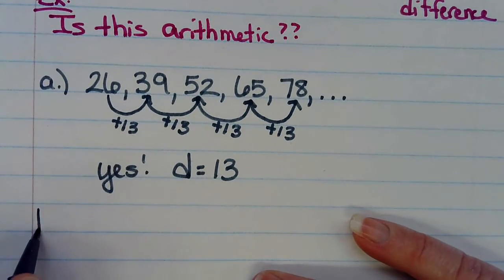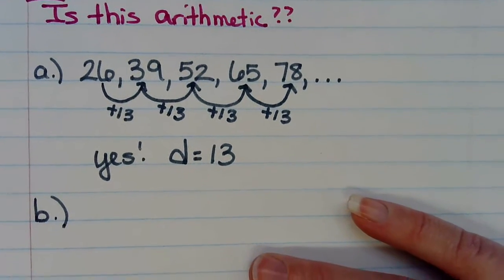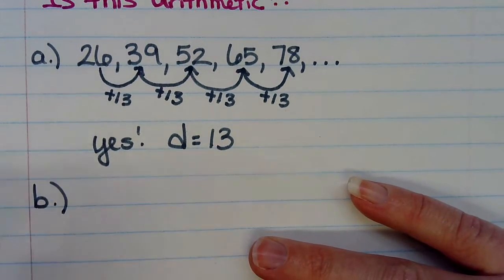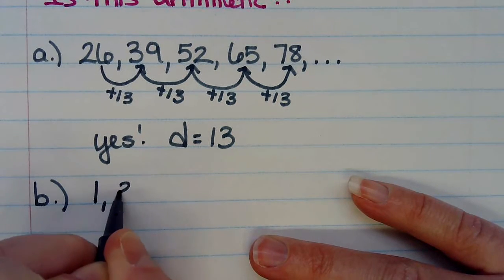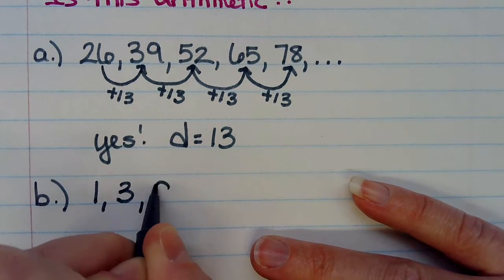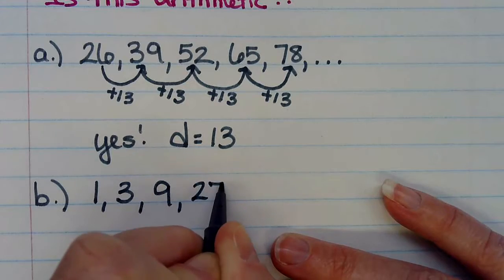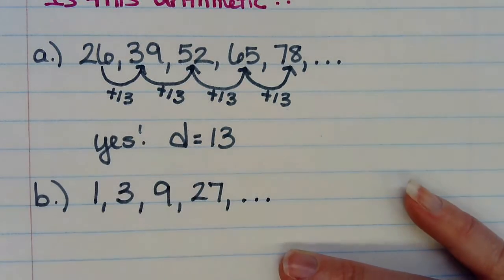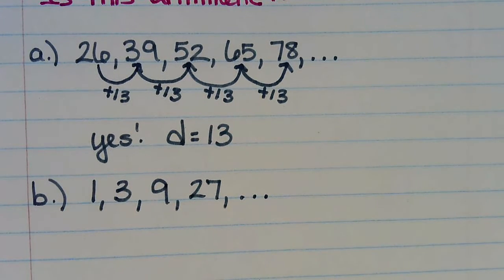Okay, let's take a look at another list. What if I gave you 1, 3, 9, 27, dot, dot, dot. The dot, dot, dot means just whatever's going on there would continue. Would this be arithmetic?